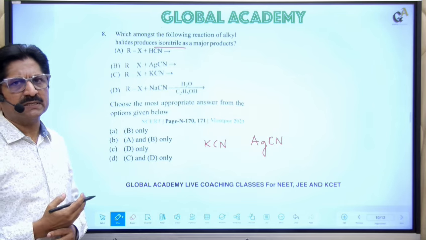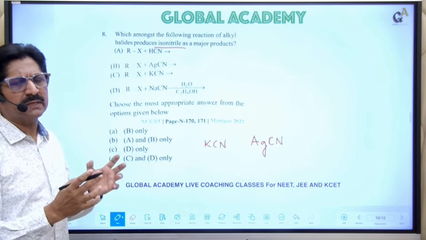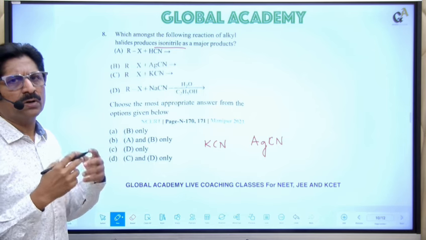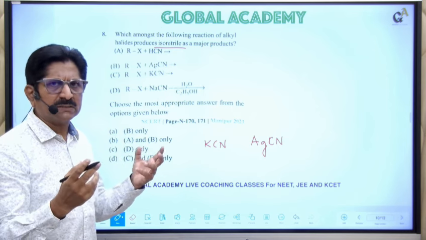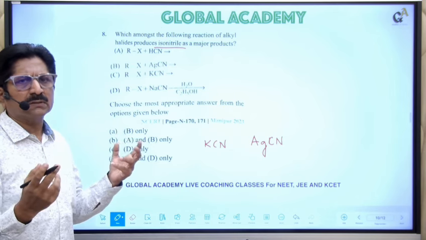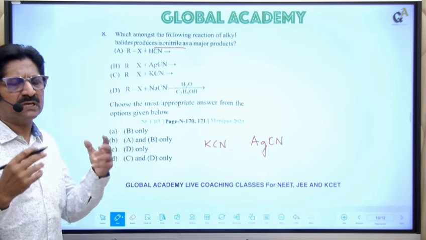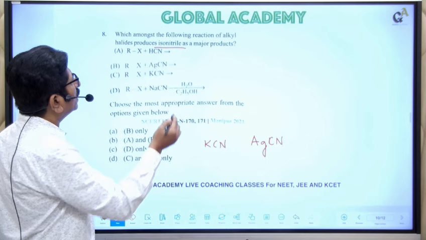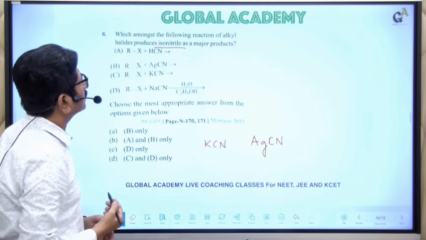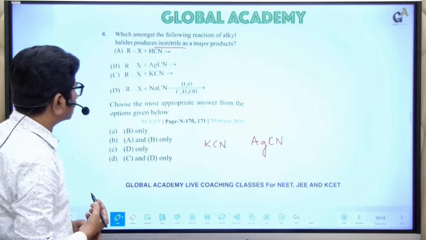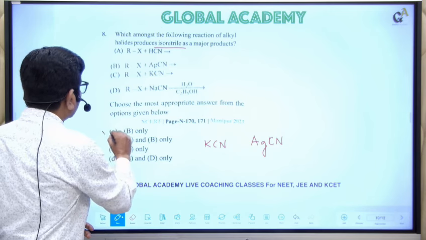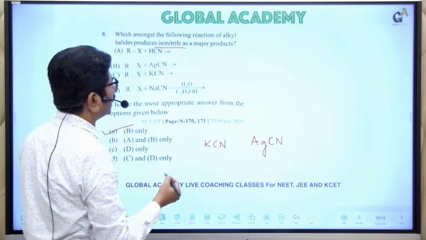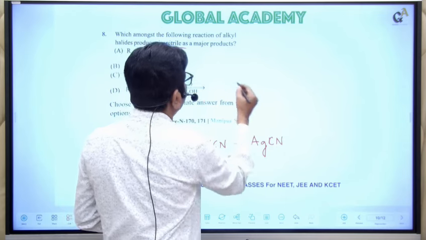Because of that, the cyanide has the capacity to form the isonitrile compound, and hence option A.